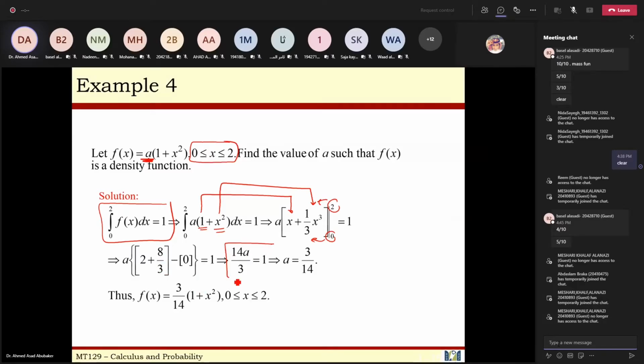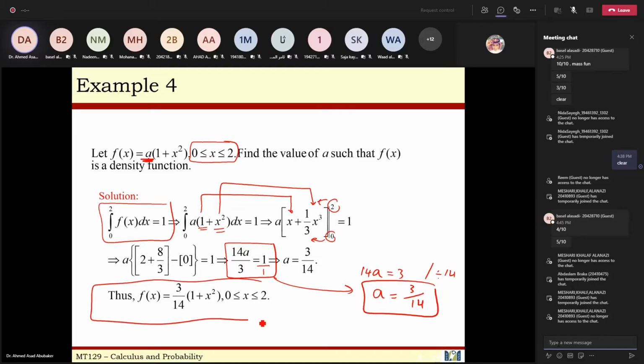So we have 14a over 3. Cross product, we have 14a equal to 3, divide by 14, so we have a equal to 3 over 14. This is the value of a, and this becomes f of x.